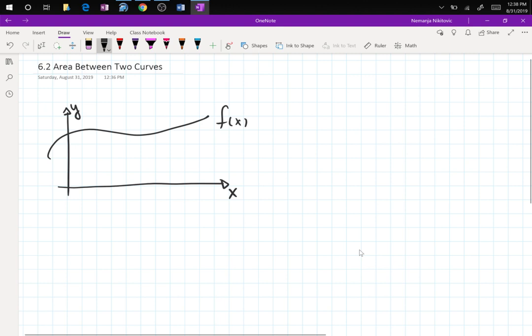If it goes below the x-axis, it creates negative area, and then the numbers become wrong. So you have to chop it up into parts and use absolute value to bring the negative numbers up and so on. That's something that you learn in Calc 1.